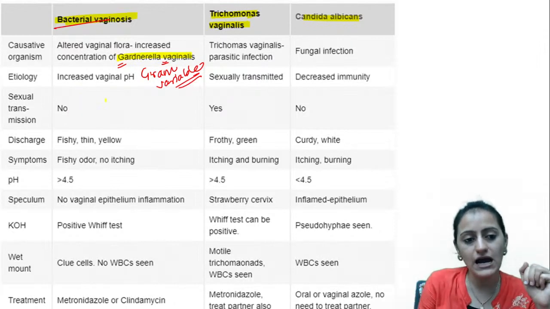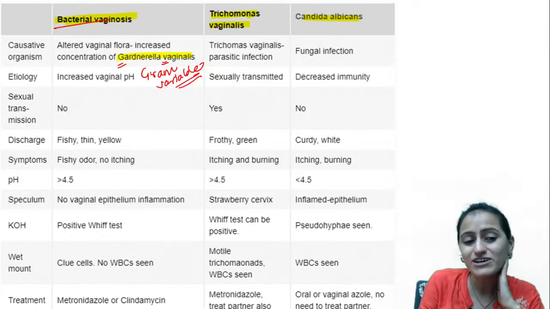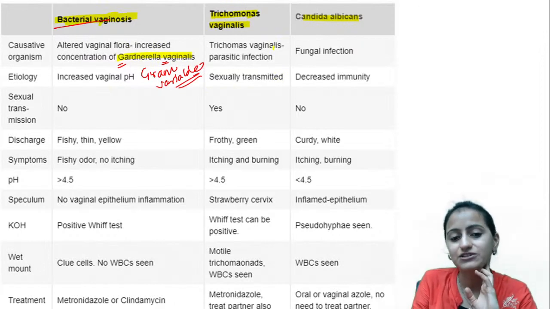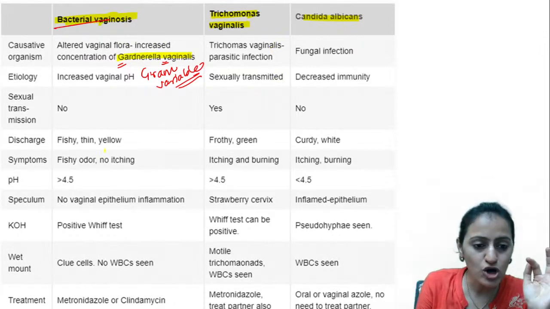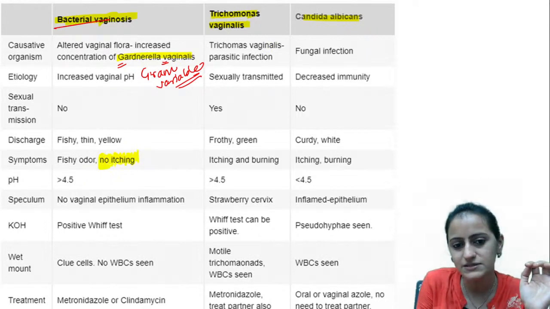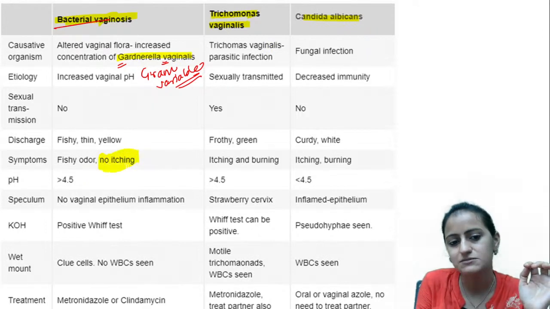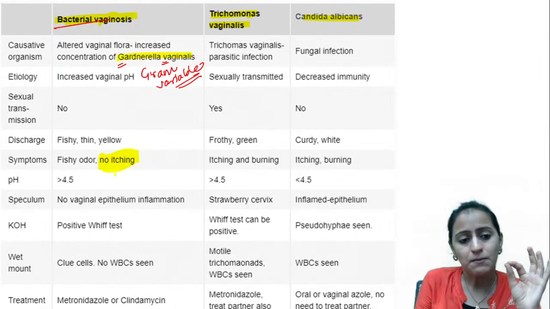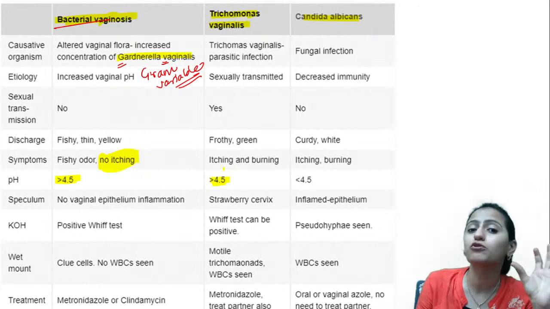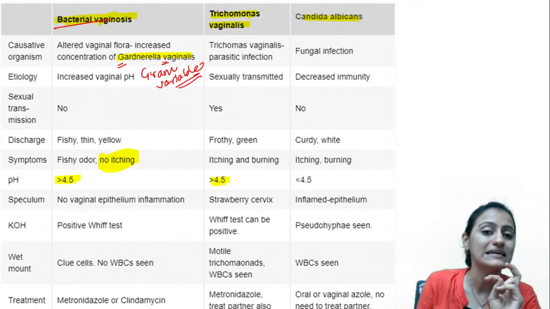Which one does not have itching? No itching is bacterial vaginosis. Remember, there is no itching in bacterial vaginosis. Bacterial and trichomonas both have pH more than 4.5, so that is where we can get confused.